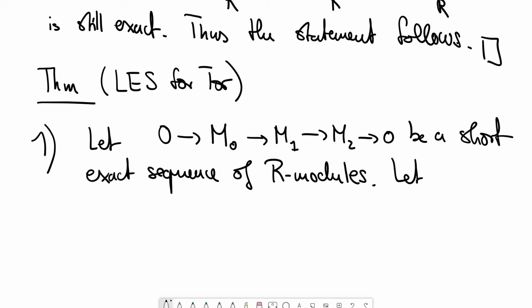Let n be a left R module. So these are right R modules. I mean, admittedly, 99% of the time we will be talking about commutative rings and then it doesn't matter. But everything I say does work for non-commutative rings.